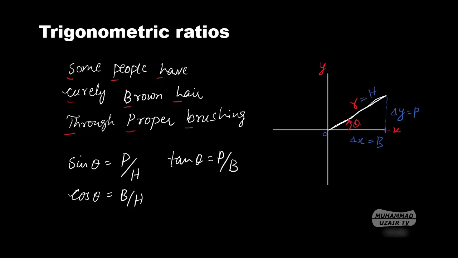By putting values in the first equation, sine theta is equal to perpendicular, here delta y, divided by h, which is r. So delta y will be equal to r sine theta.